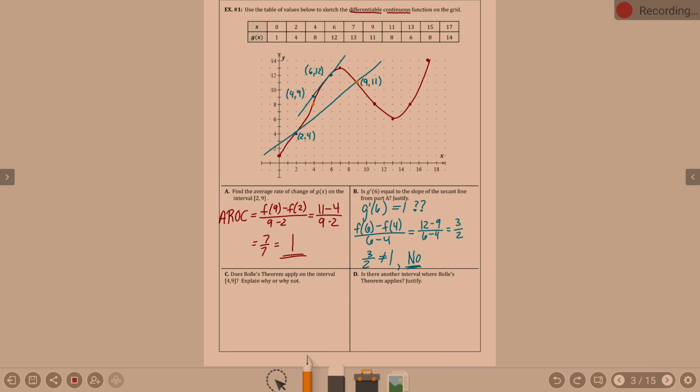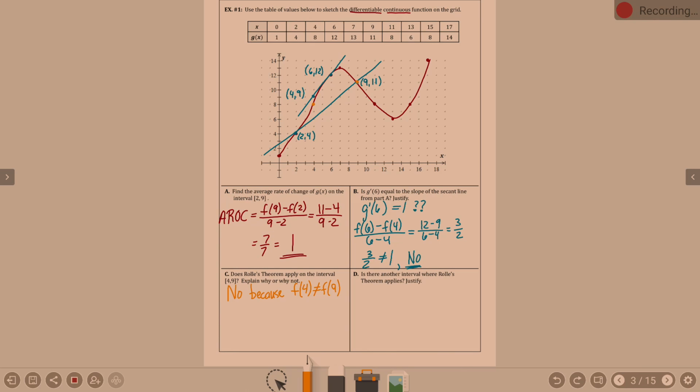And so there's a couple of different ways we can say this. Can you see the orange when I write in it? Yep. So one good mathematical way to say this is f of 4 is not equal to f of 9, because in order to use Rolle's theorem, that has to be true, right? F of 4 has to equal f of 9. It does not.